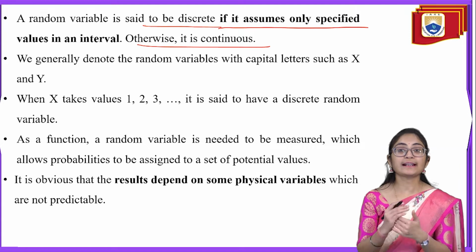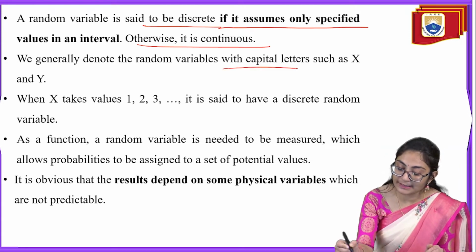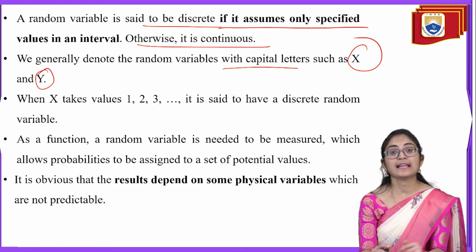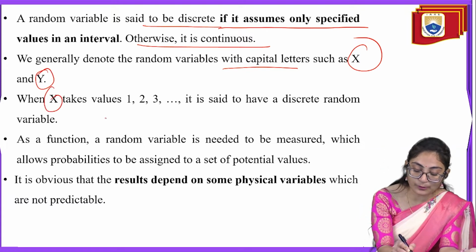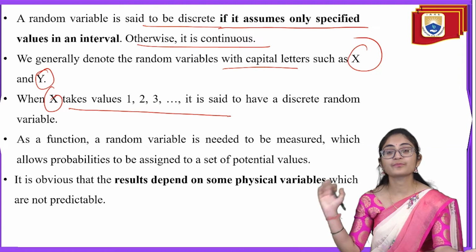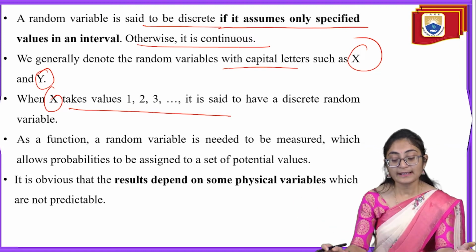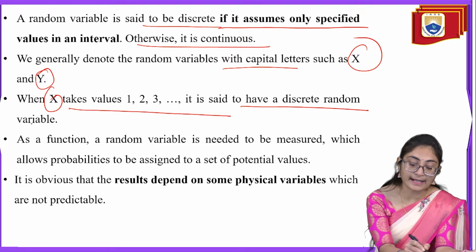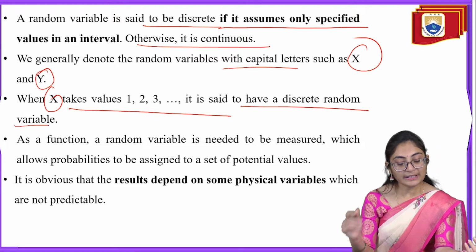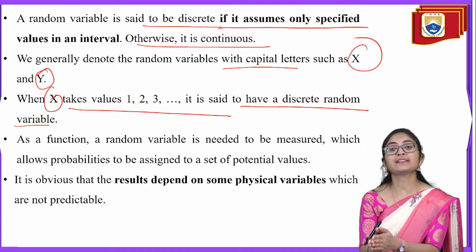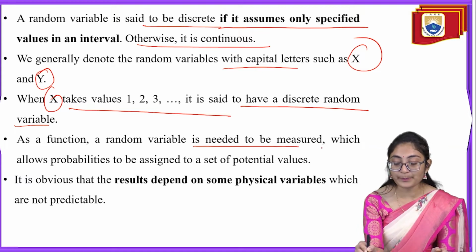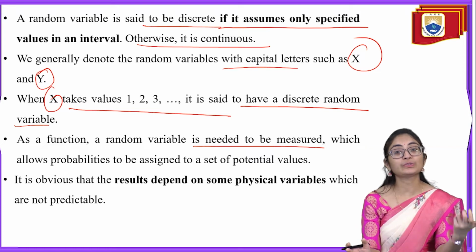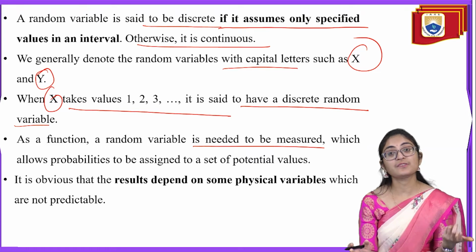Generally, we denote the random variable with capital letters such as X and Y. When X takes the values 1, 2, 3 and so on, it is said to be a discrete random variable. But as a function, a random variable needs to be measurable, which allows probability to be assigned to a set of potential values.